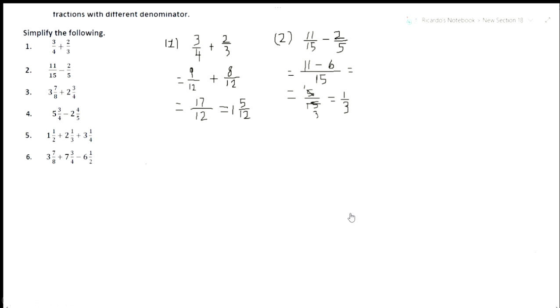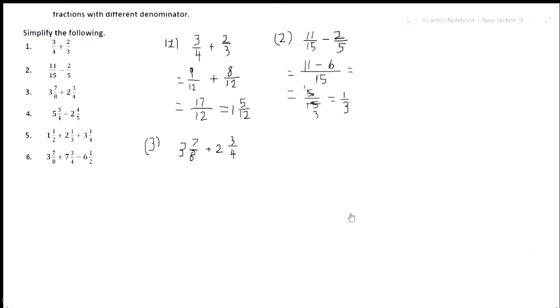So let's look at this one. This one has some mixed numbers here. So this is number 3, and that would be 3 and 7 upon 8 plus 2 and 3 upon 4.